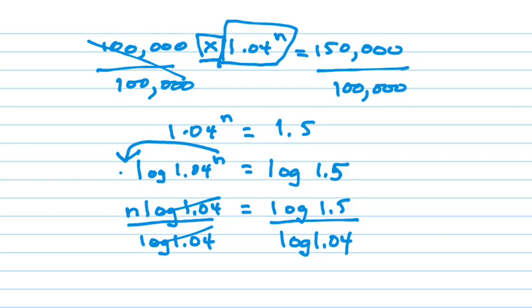So it'll divide away over here and give me my n. And over there, all I have to do is put that into the calculator to find out what those are. So 10.3380 years. They rounded it to 4 decimal places.